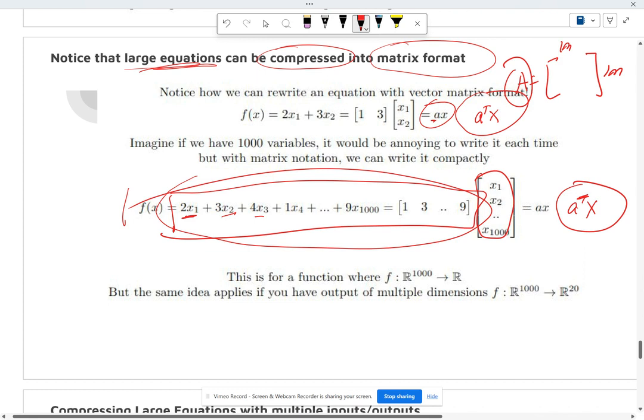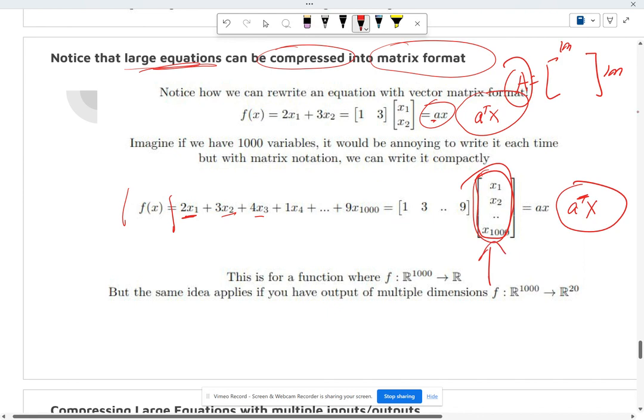Right now, I just represent the entire 1000 variables with X, much easier, and 1000 numbers with A transpose, much easier. So from what we learned before, this is an example of a function defined such that you have 1000 inputs and one single output. Okay?